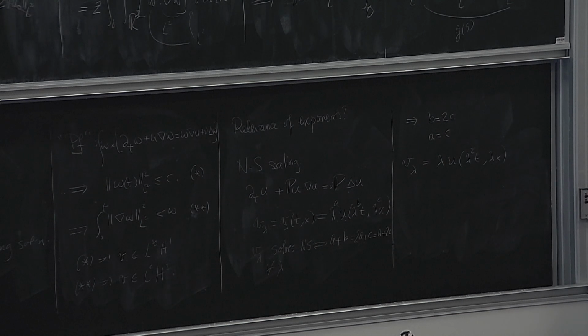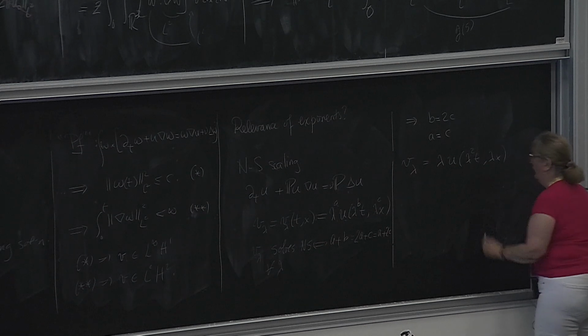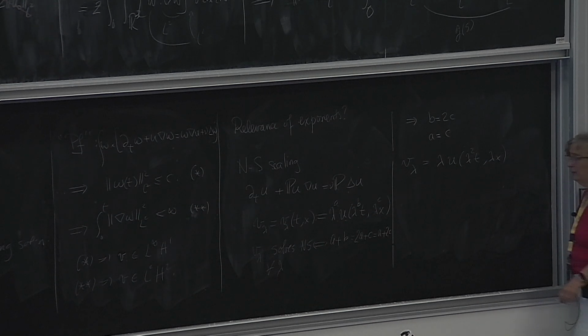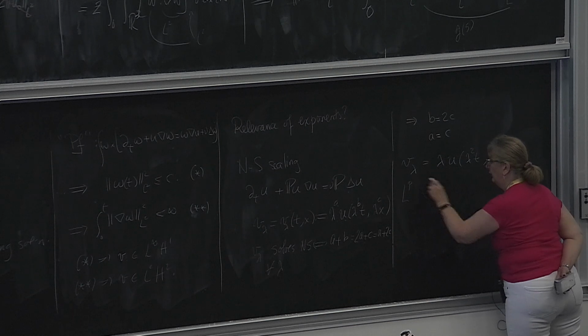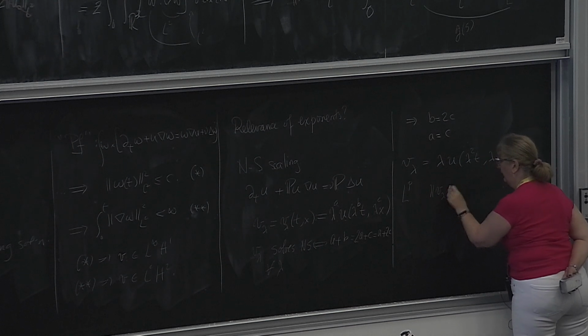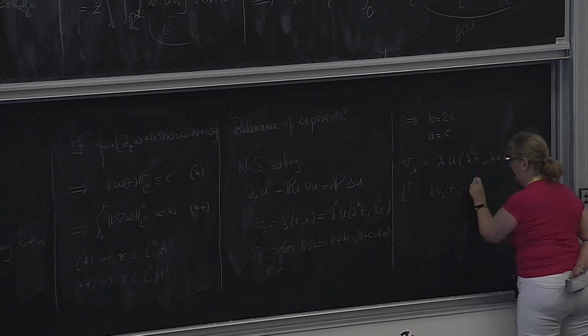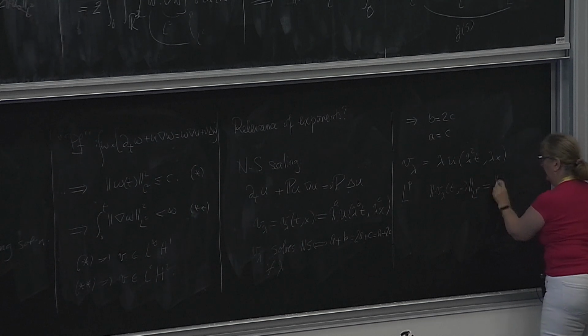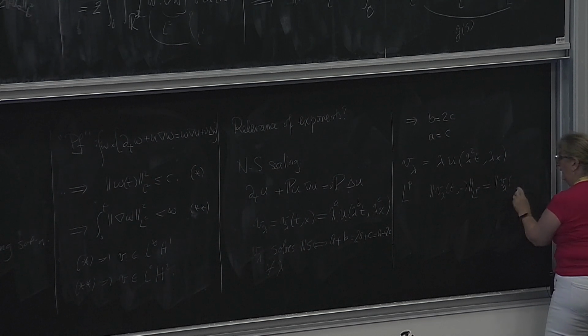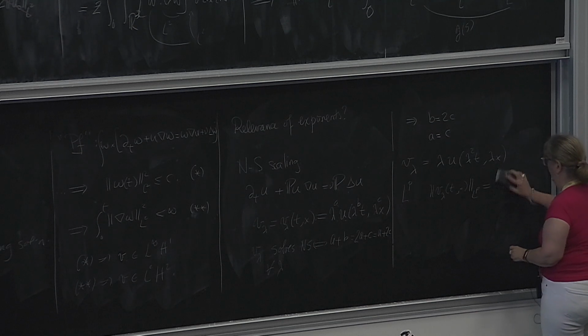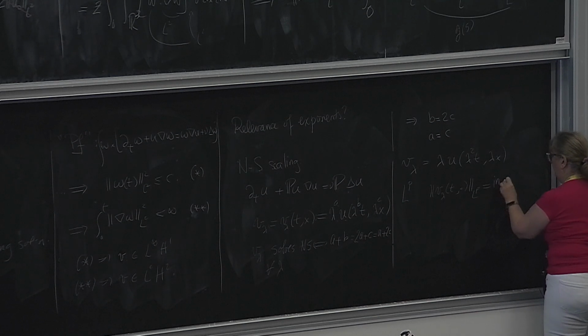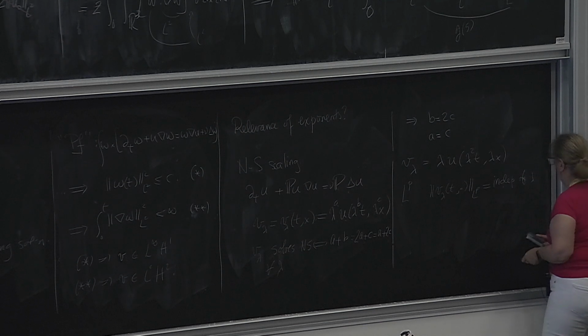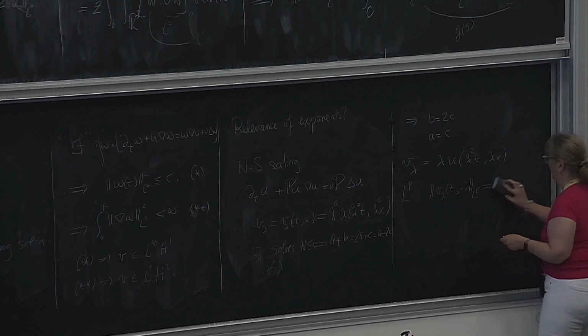Okay, now we want to notice the following thing. What is P so that the LP norm is independent of lambda? Well, it depends only on lambda squared t.